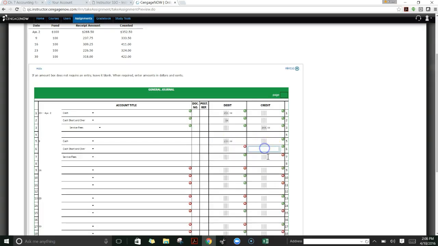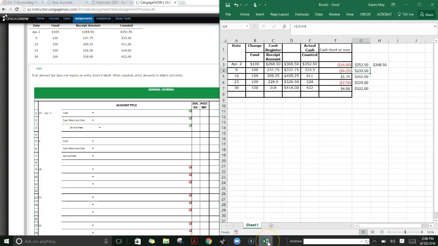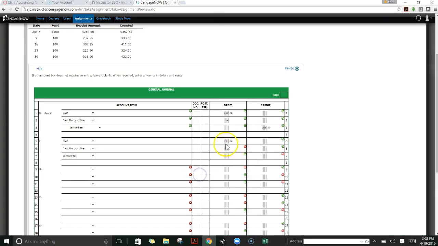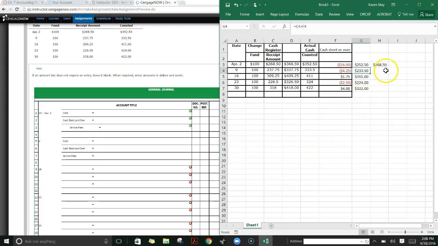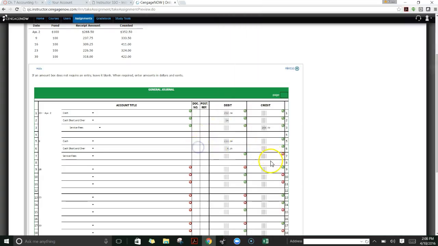And the debit to cash short and over, which is $4.25. And then add those two together to get the total of $237.75.